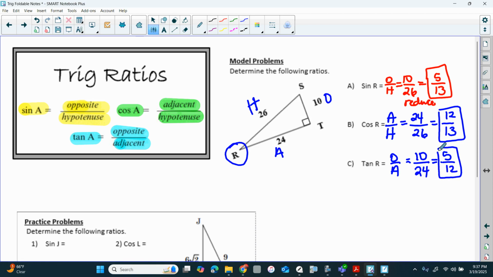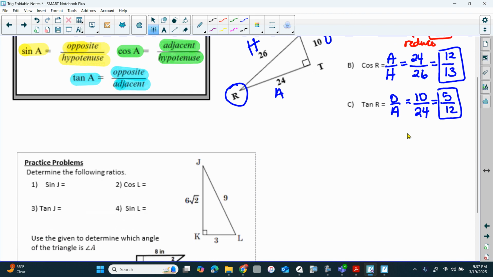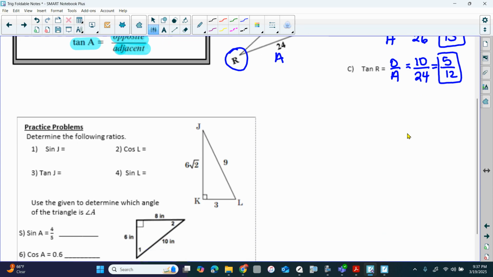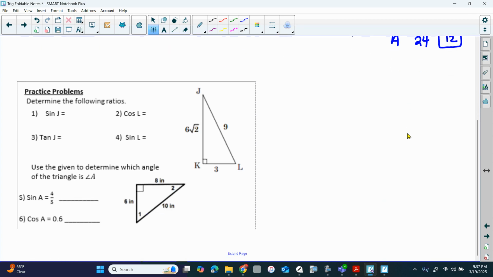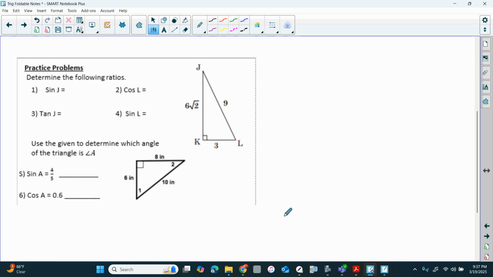So this is what you're really focusing on, the maze that you did, along with your little riddle and your skills check. Now, some practice problems, more in depth, showing the understanding and relationship. We're still going to do the same thing, but I want you to recognize on these practice problems that our reference angle could change.